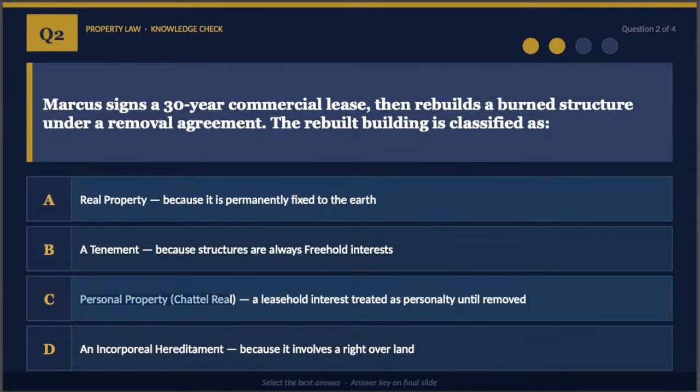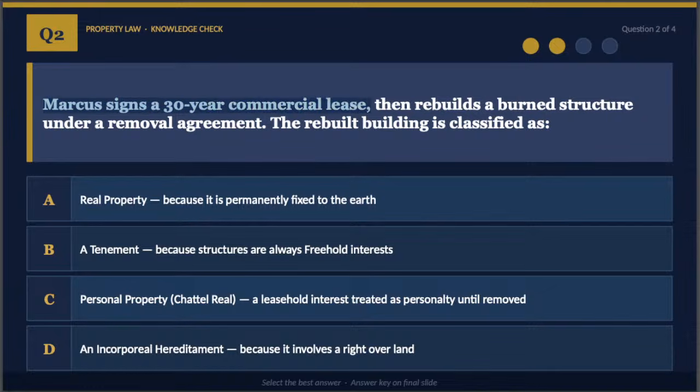So the tangible part here, chattel real, I guess that's movable, right? A leasehold interest treated as personalty until removed. Or D, an incorporeal hereditament, because it involves a right over land.